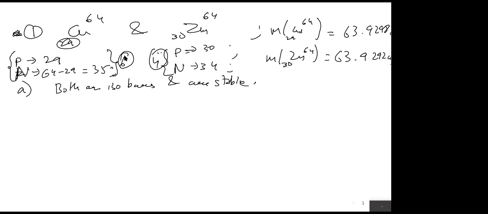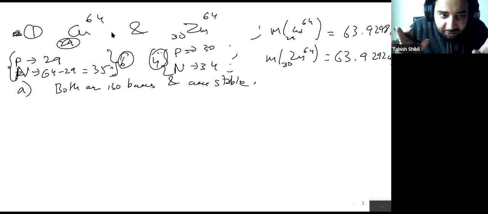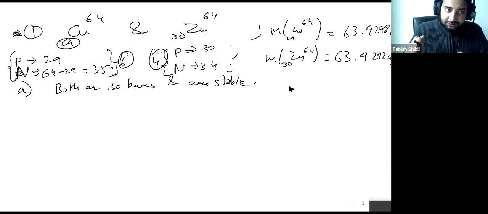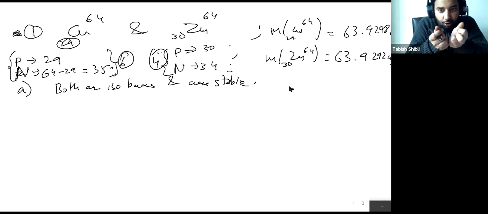Does that make sense? See, if there is a lot of distance between the number of protons and the number of neutrons, what essentially happens? For the strong force, the protons and neutrons are two different particles holding them together.